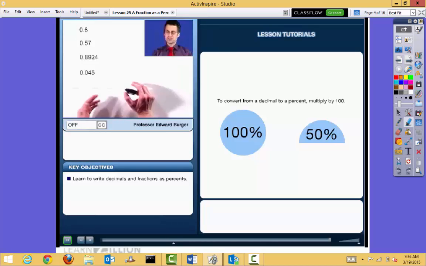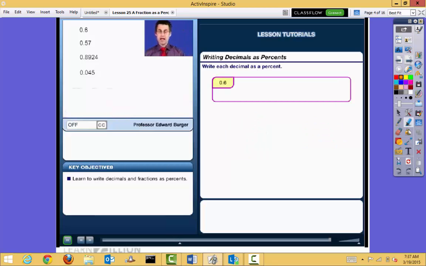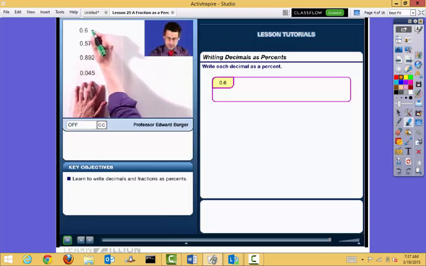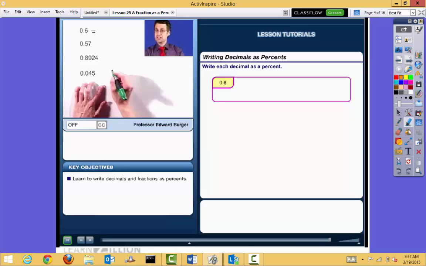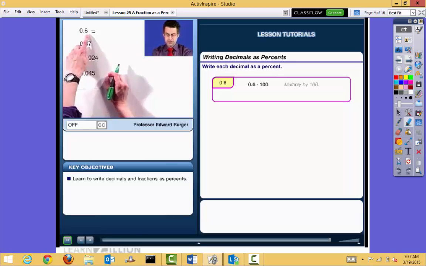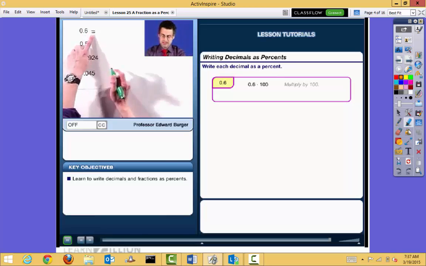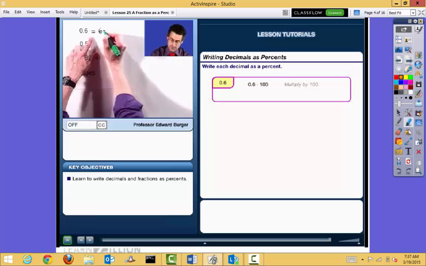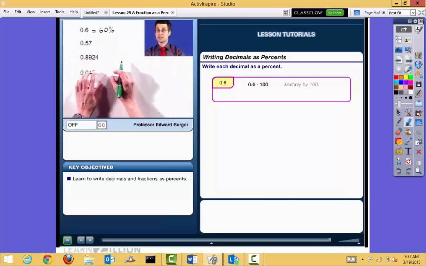Let's take a look at some slightly less common percentages. These are decimals and I want to convert them to percentages. How do I do it? I multiply by 100. So 0.6 would actually equal, well, if I multiply by 100, that's just the act of literally taking this decimal point and moving it 2 spaces over to the right, and so I'd see 60. And so 0.6 is actually equal to 60%.